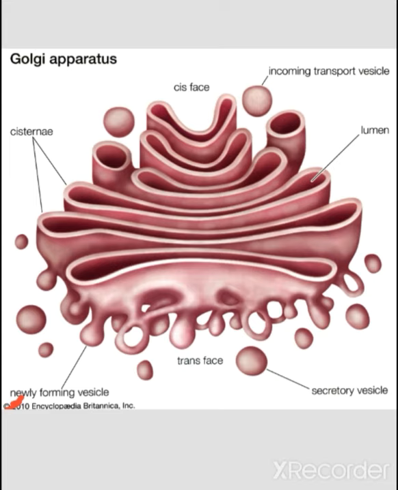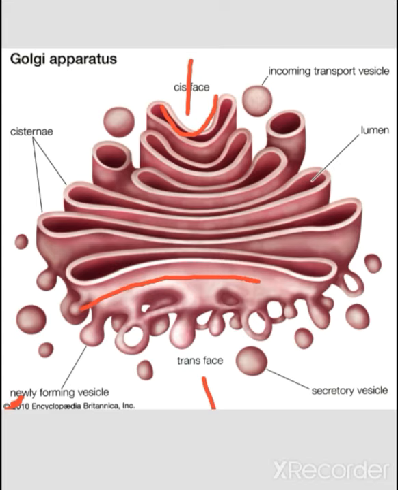Here you can see the cis face and that is the trans face. The cis face is convex, you can easily see the shape, and here the shape is concave.